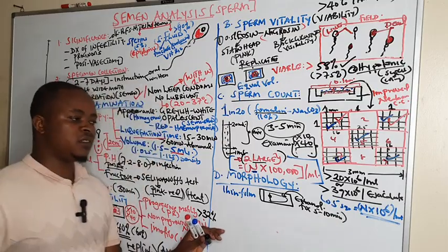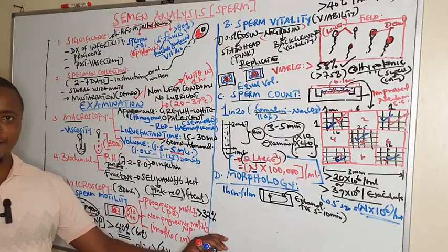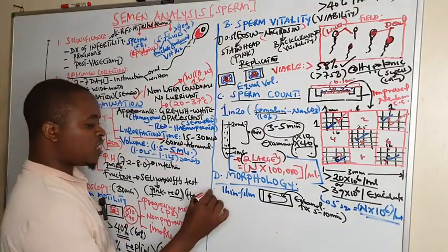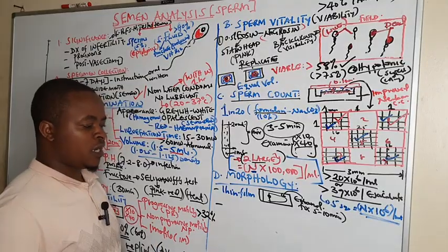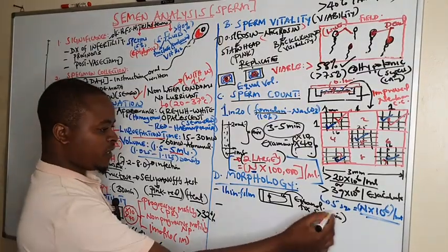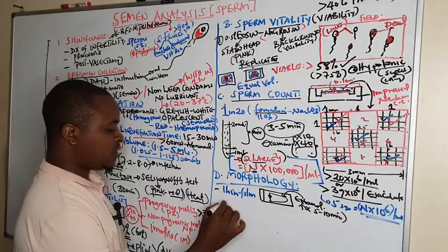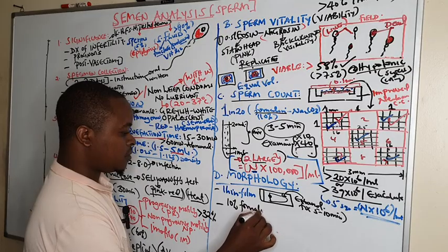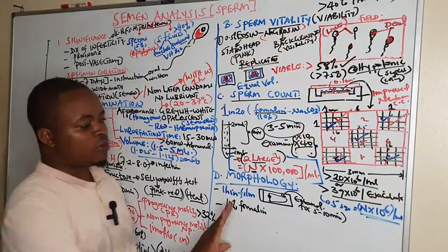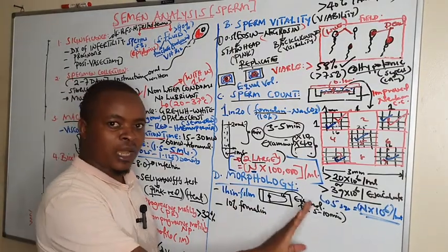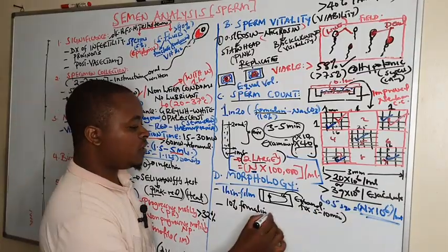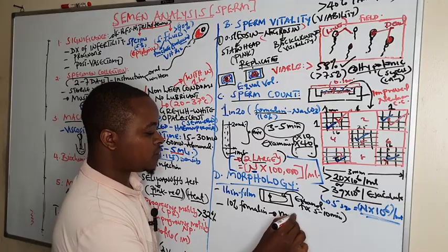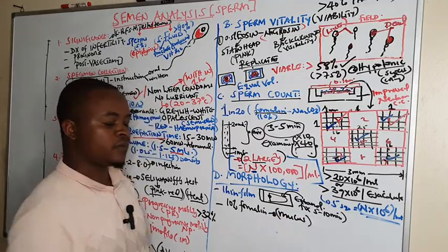After fixing the smear, we are going to use 10% formalin, drop-wise, to remove some bubbles or some mucus. So the formalin enables us to remove the mucus from the thin smear.